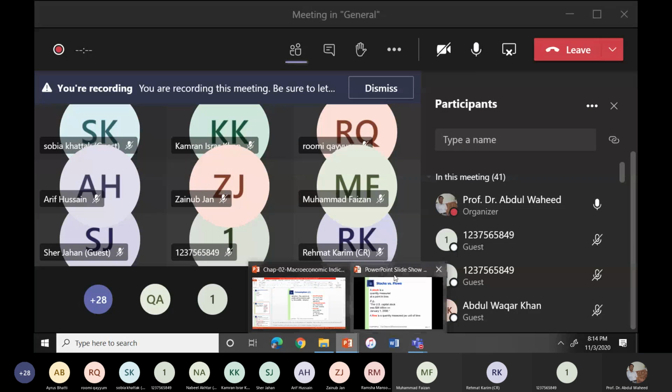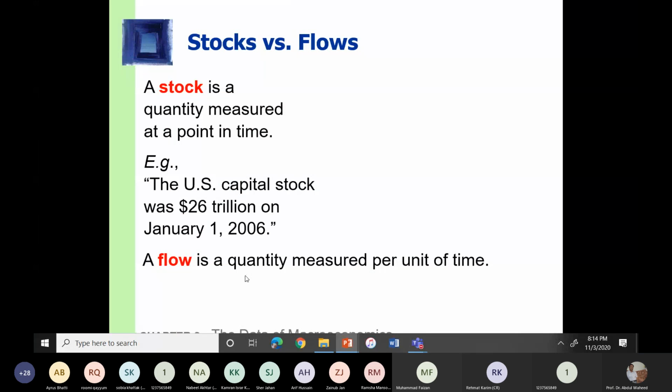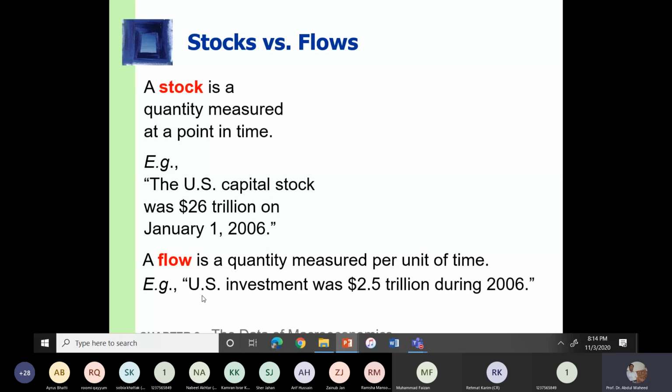Okay, US investment was $2.5 trillion. So this is the flow, no? So how will you say about investment and capital? Which is stock, which is flow?